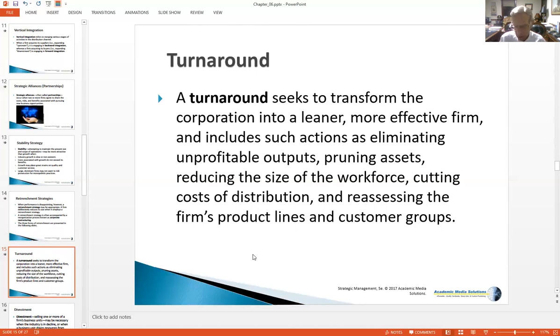But what's happening in the auto industry is that there's a turnaround going on in some firms in order to get into a faster growth mode, to get into self-driving cars and electric cars, and sometimes to get out of markets that are not as rewarding as others.